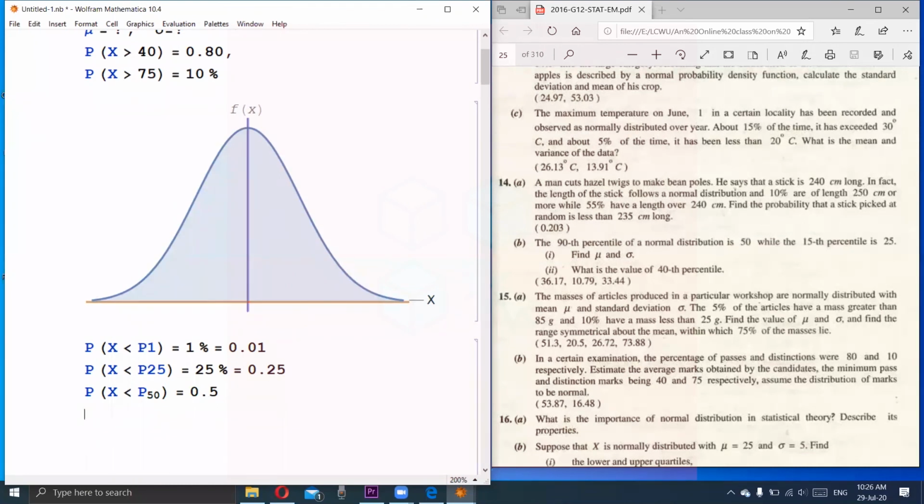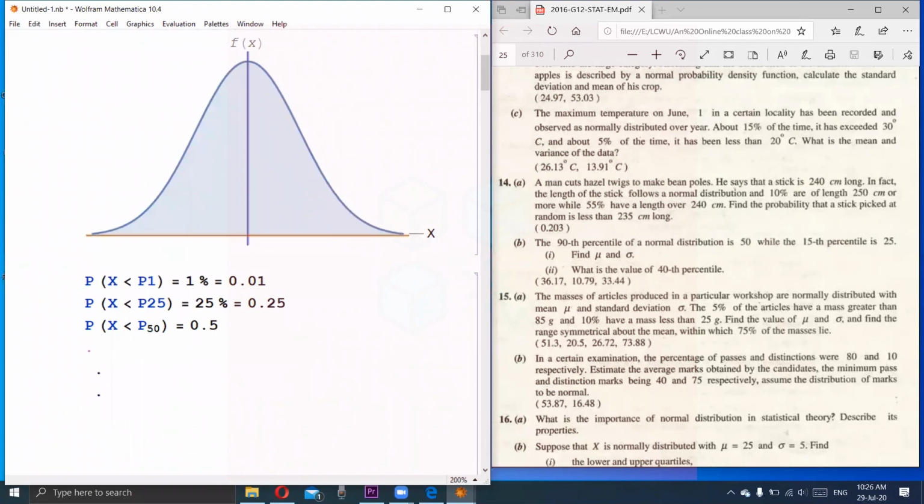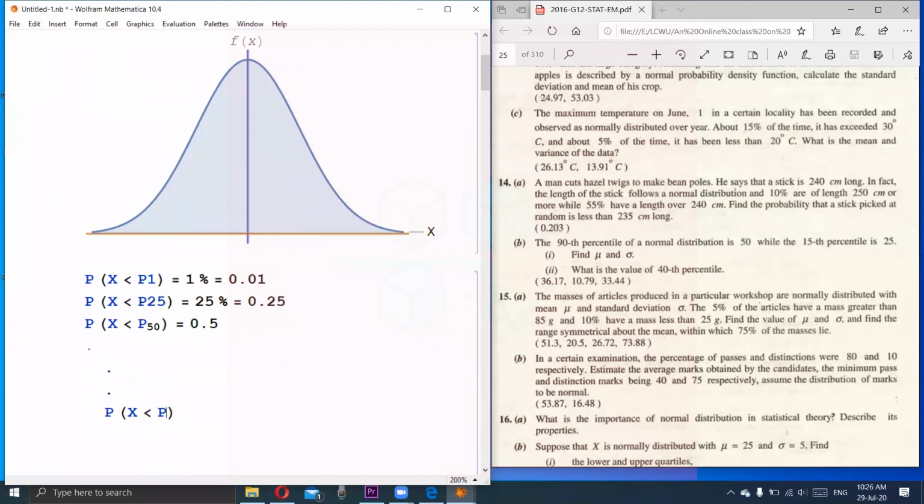We can find the probability at point P99. So probability x less than P99, which is the last percentile, is equal to 0.99 because 99% area is below this point. And we can find out these points P1, P25, P50. These are the points along the x-axis.